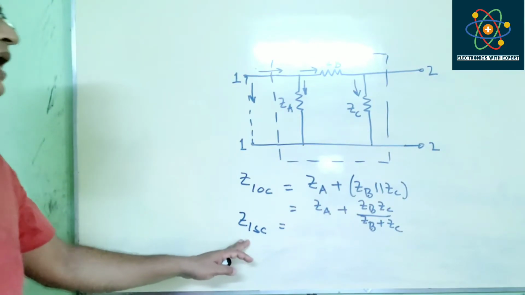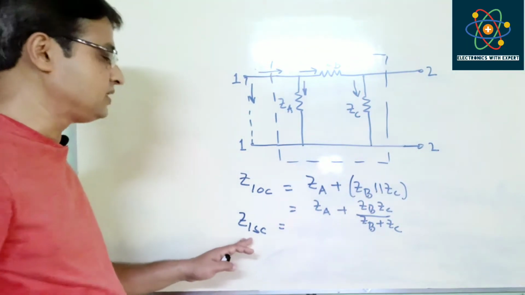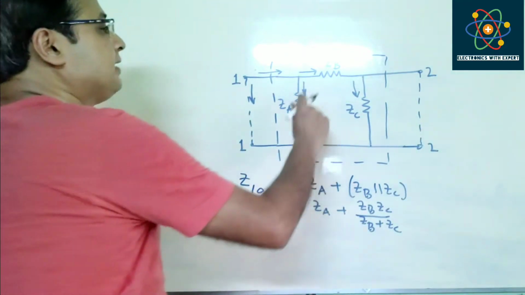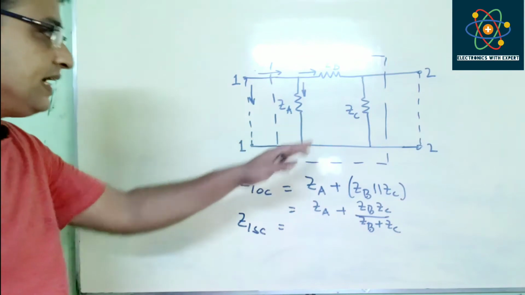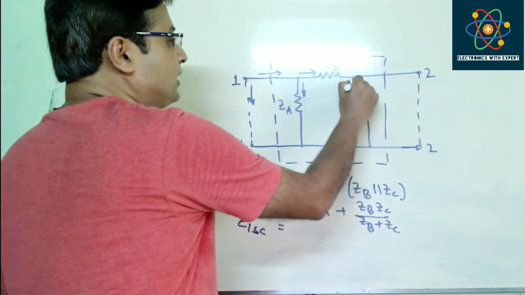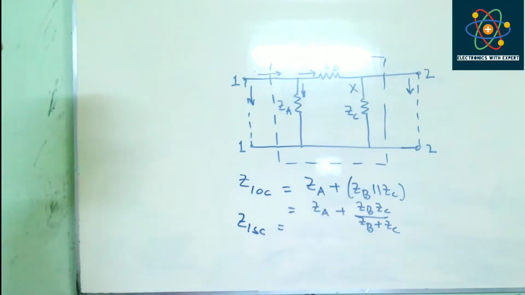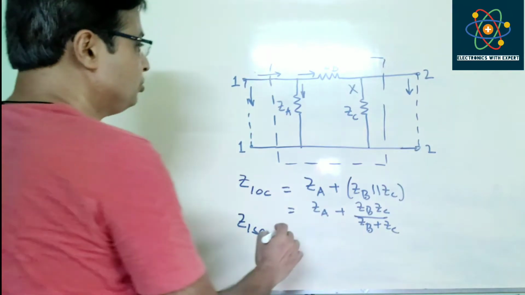Let's find Z1SC. Whenever we are measuring Z1SC, you have to short circuit the 2, 2 terminals. That means the current which was earlier flowing through ZC will not flow through ZC, but will flow through these 2, 2 terminals. That is, ZA and ZB are parallel to each other.